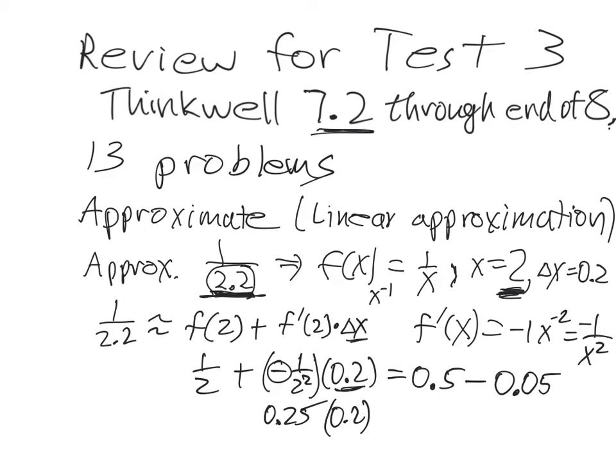Now watch the decimal values. That's not too bad to do in our head, but so 0.5 minus 0.05, we can get a pretty good approximation then. 1 divided by 2.2 would be about 0.45.